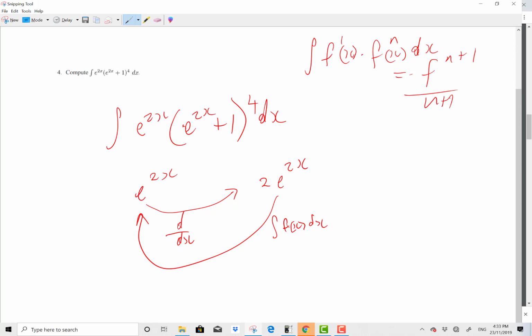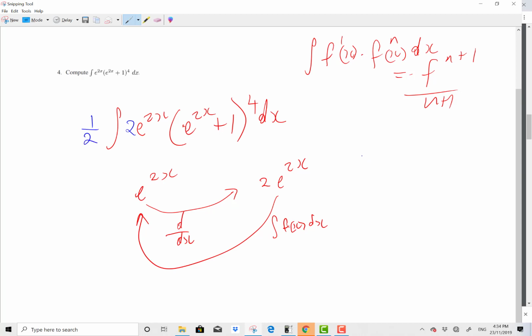So with that being the case, for this problem number 4, let me use a different color to highlight this. Since the derivative of the inside yields this additional 2, I'm going to put that 2 in and take it back out.